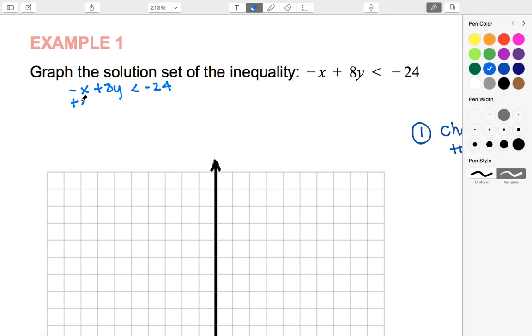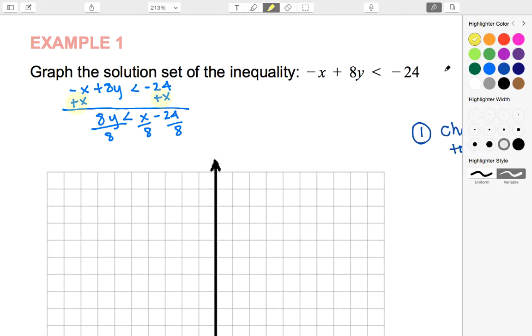So I'm going to add x to both sides. And then I'll get 8y is less than x minus 24. And then I'm going to divide by 8 on each of these.